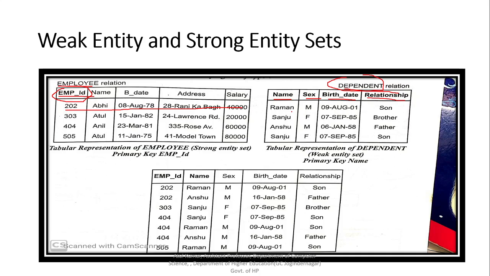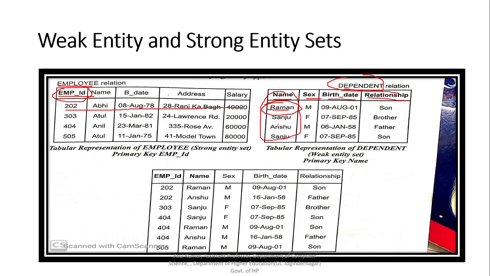So if we use this name as a key for this dependent relation, the names of two persons may be the same. So this one is not a complete key or a primary key. This is a partial key, name is a partial key.